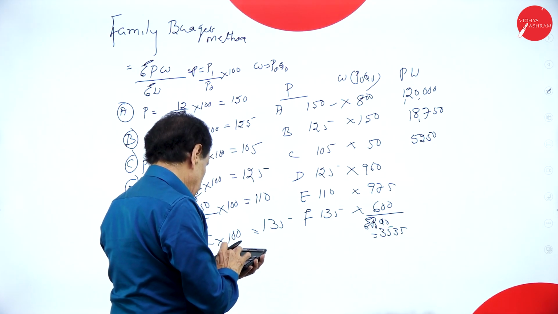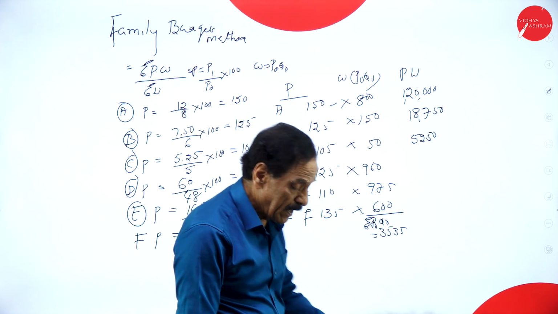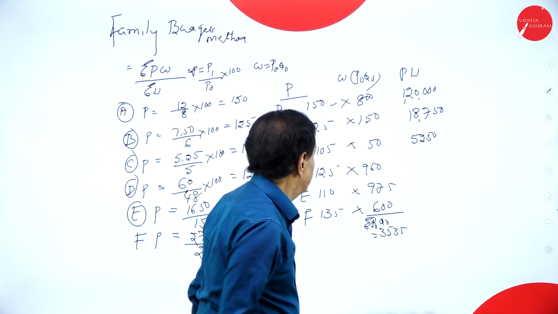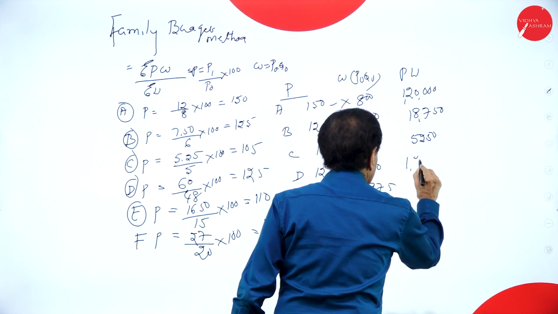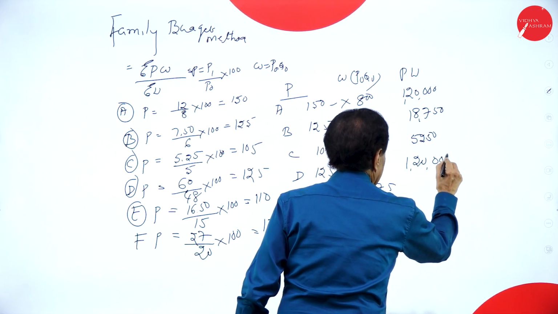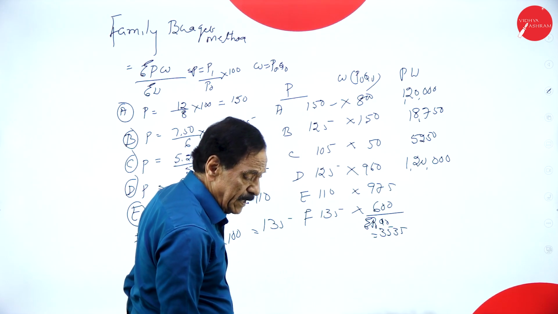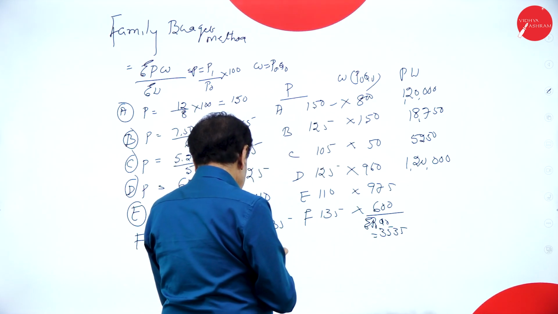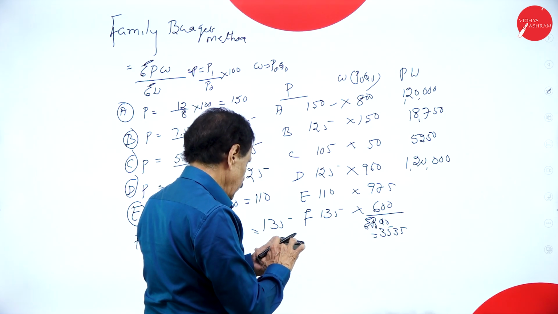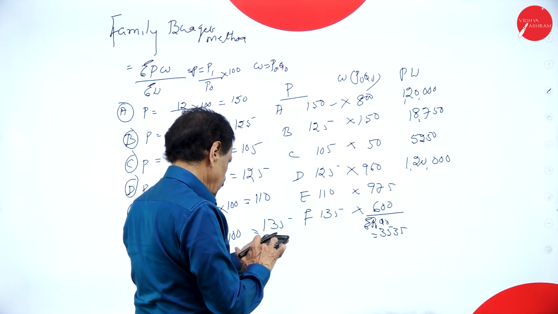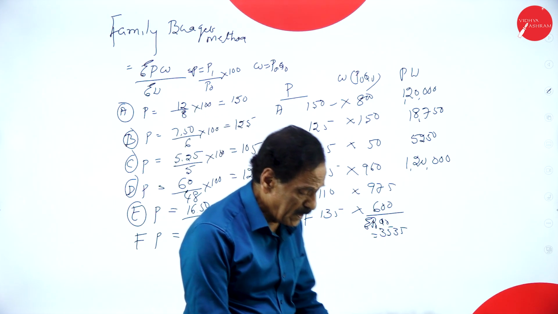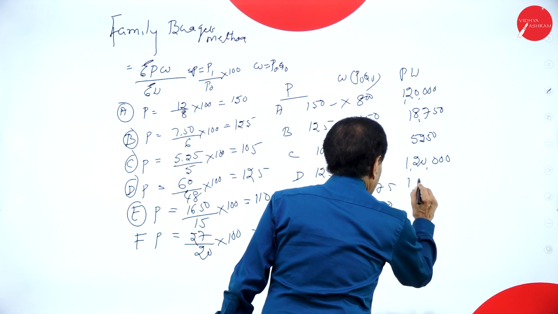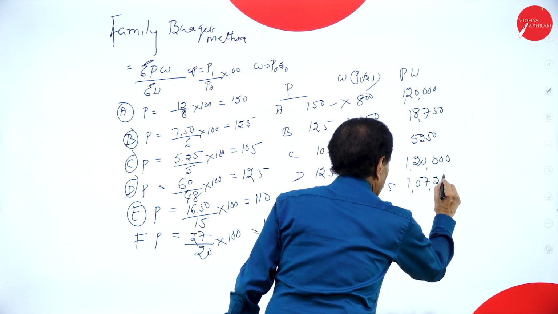960 into 125, 1,20,000. 975 into 110, 107,250.